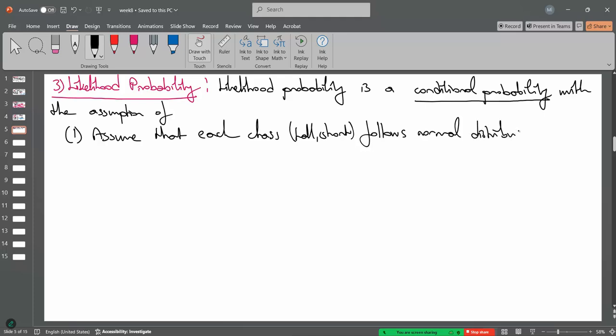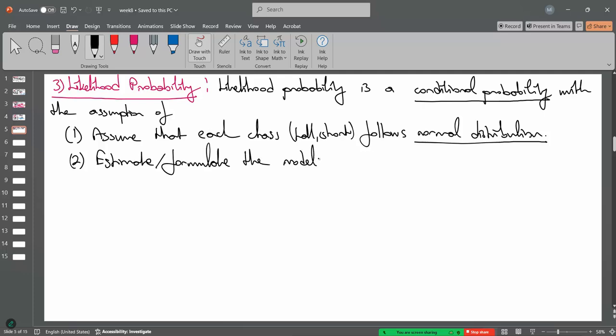Just remember the previous lesson. We have talked about our cases with the mean values and standard deviation formula. Okay? And so it's concluded with the estimation, or formulate the model based on the mean and standard deviation values.